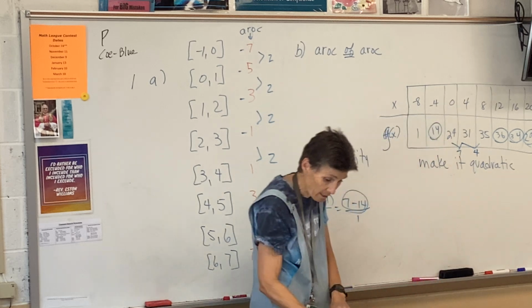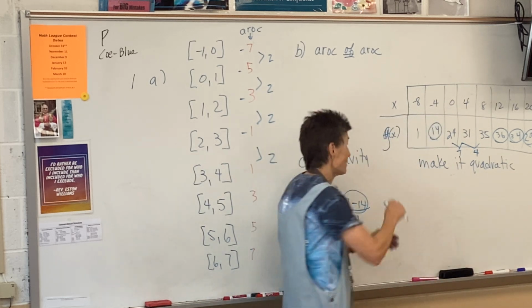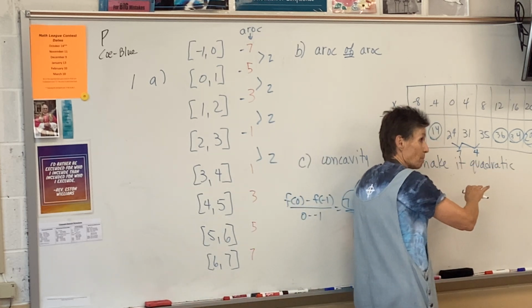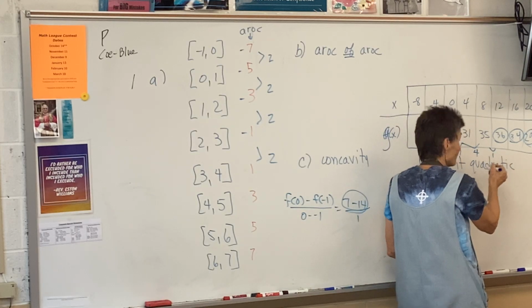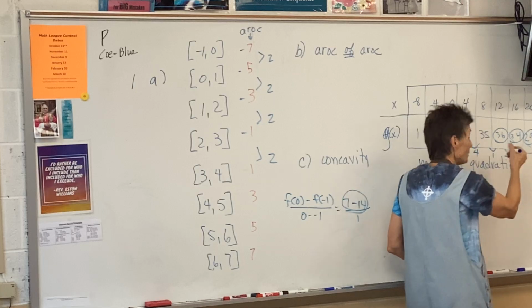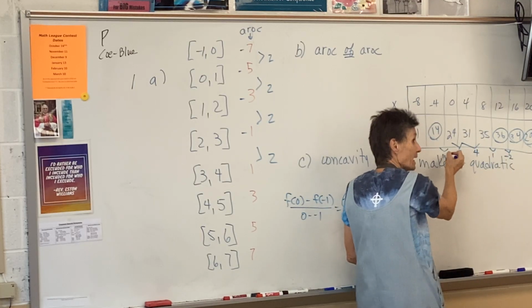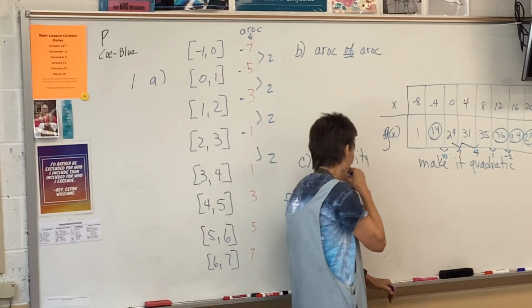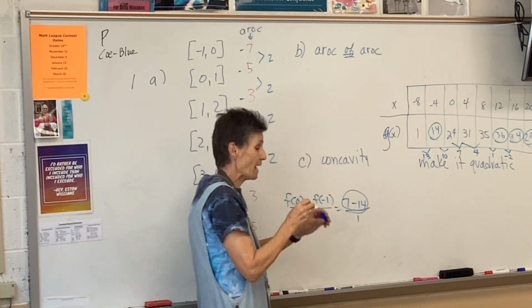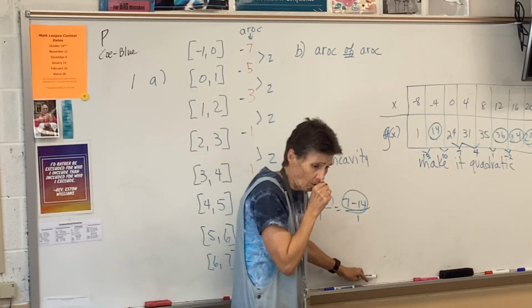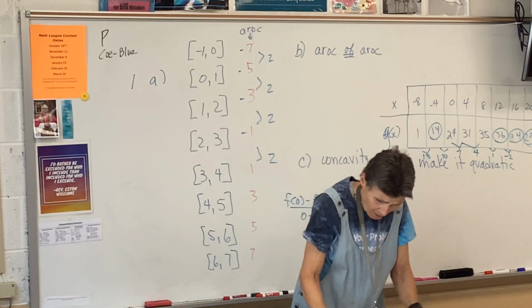If it's going to be quadratic, then they all have to decrease by 3. So this one would have to be 1, and this one -2, and then back this way, this one would be 10, and this one 13. Does that make sense to everybody? That is absolutely beautiful. All right, next page.